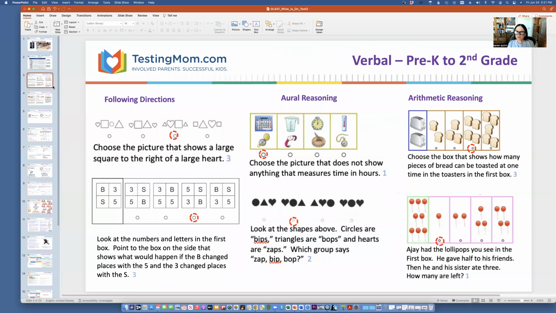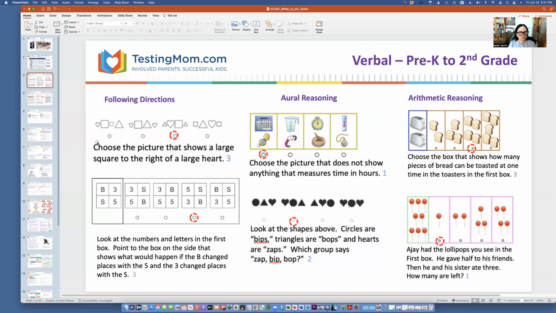Okay, so let's look at the types of questions for younger kids first, and then we'll do the questions for the older students. Okay, following directions. Here's two different types of following directions questions, and there's many different types. Some have pictures, that sort of thing.